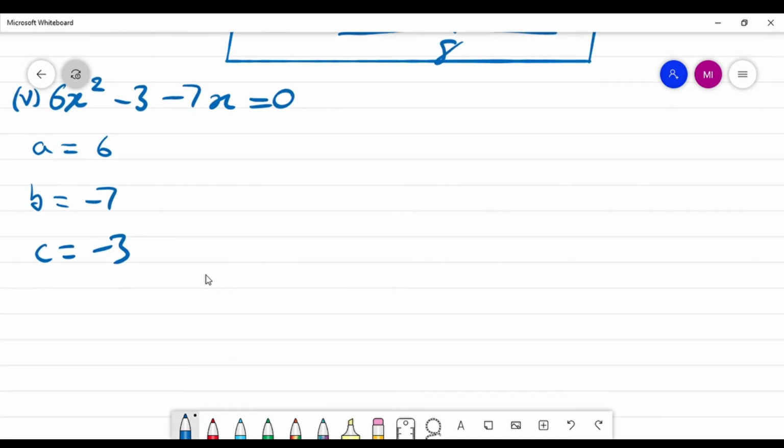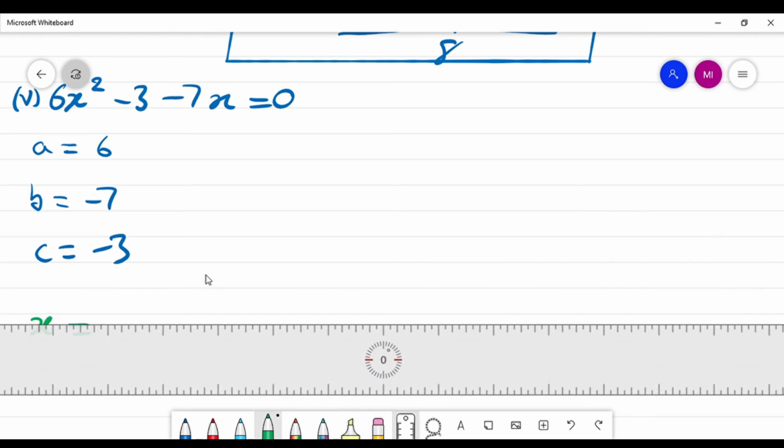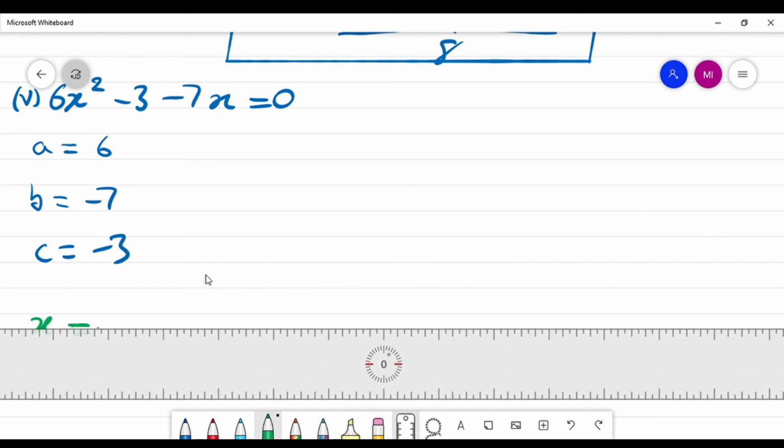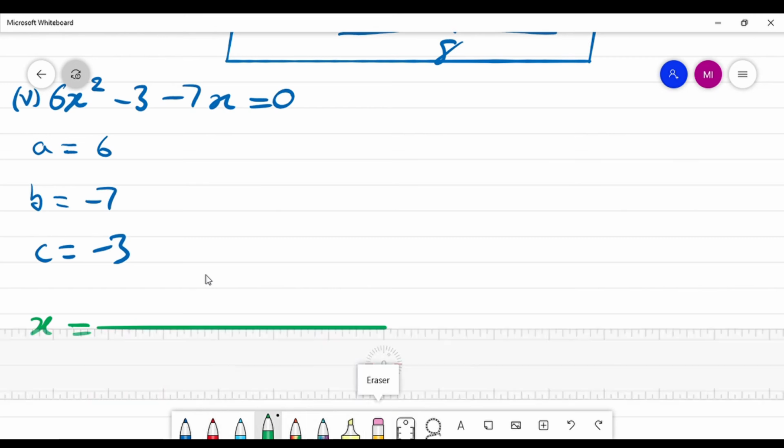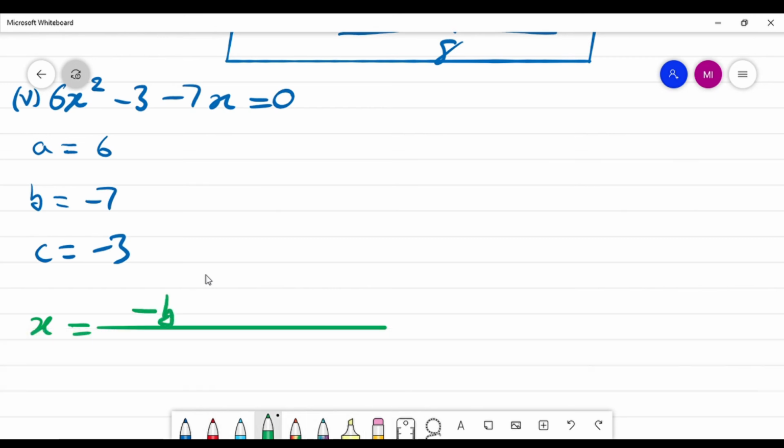So this is negative 7 and this is negative 3. Now moving down. Our formula is x is equal to negative b plus minus under root of b squared minus 4ac divided by 2a.